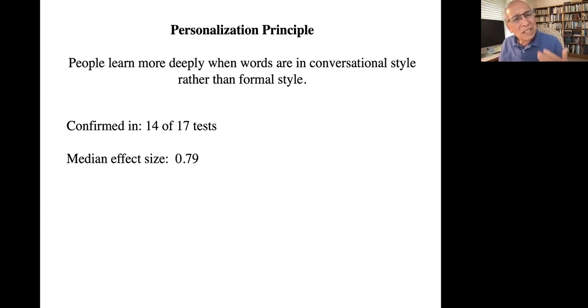So in 14 out of 17 experiments that we've conducted, people learn more deeply when the words are in conversational style rather than formal style, with a median effect size of 0.79. So just me trying to say, hey, hi, you all, that's supposed to create better generative processing, presumably because you develop more of a relationship with the instructor and want to work harder to understand what the instructor's telling you.